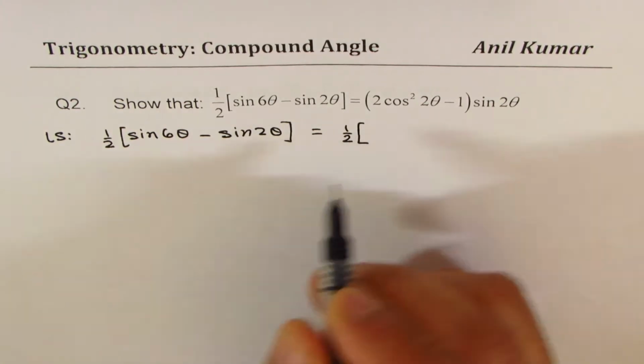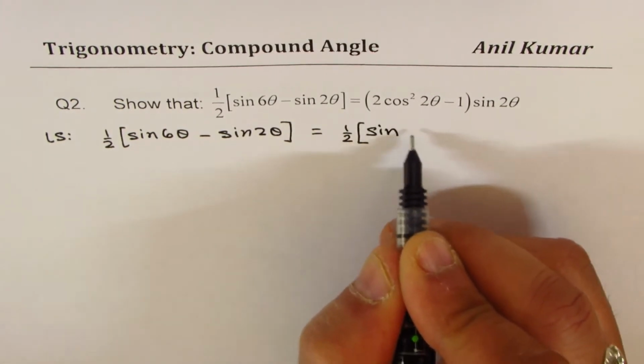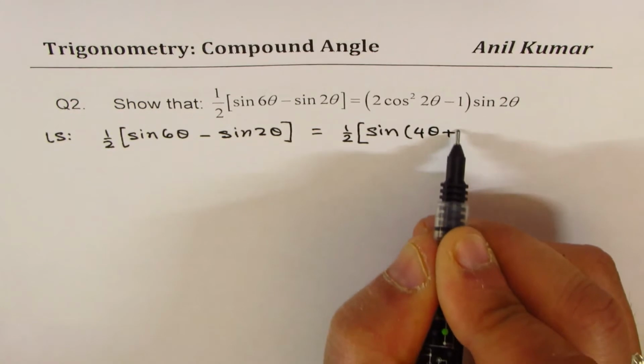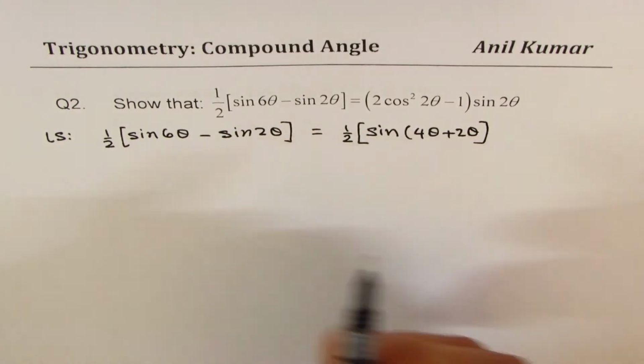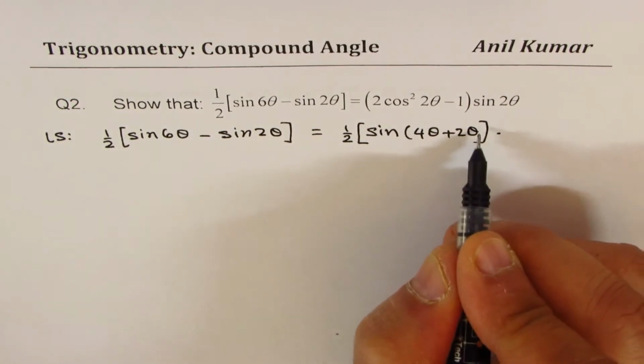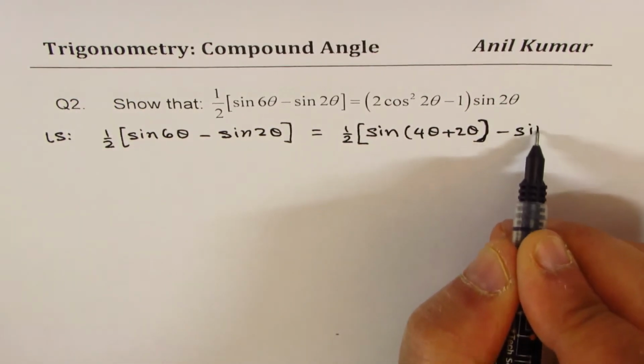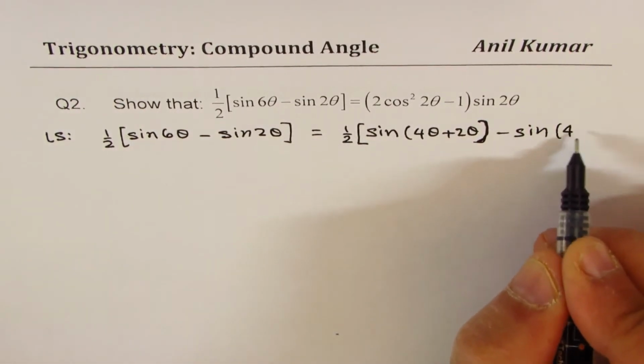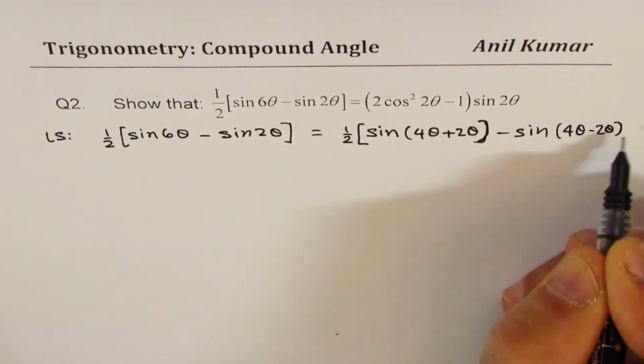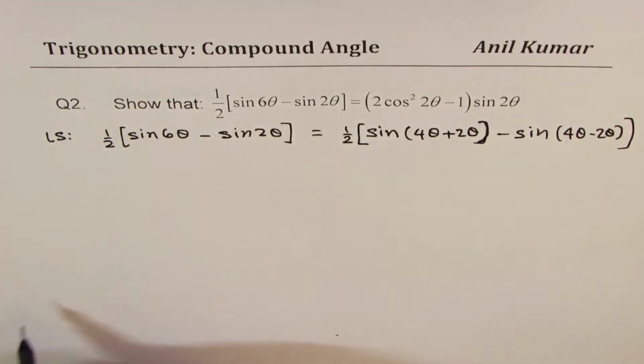So I could write sine 6 theta as sine of 4 theta plus 2 theta, right? And I could write sine 2 theta as sine of 4 theta minus 2 theta, correct? So that is how we can write.